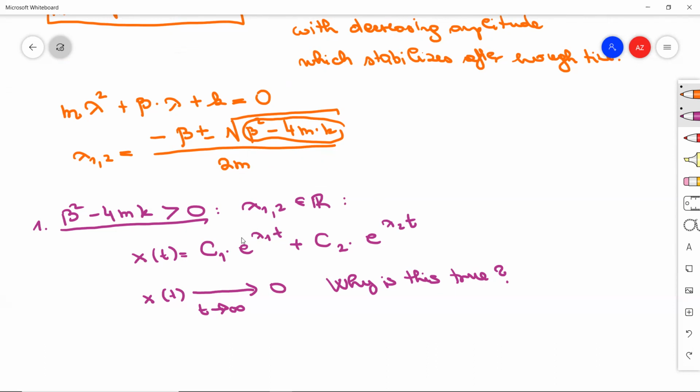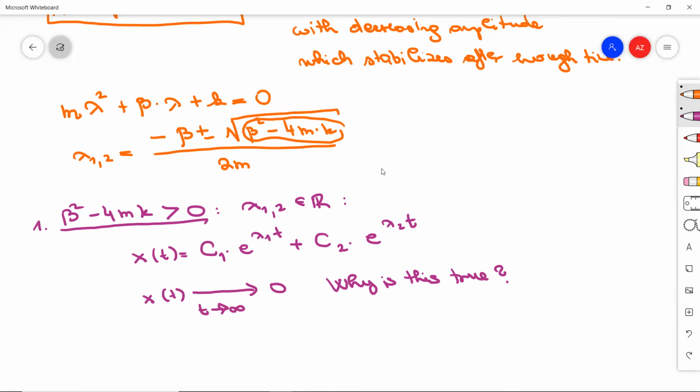Yeah, but lambda 1 times t, when t goes to infinity, can go either to plus infinity or to minus infinity. But if we want x of t to go to 0, lambda 1t must go to minus infinity, and the same for lambda 2t. So why can we know that lambda 1 and lambda 2 are both negative?